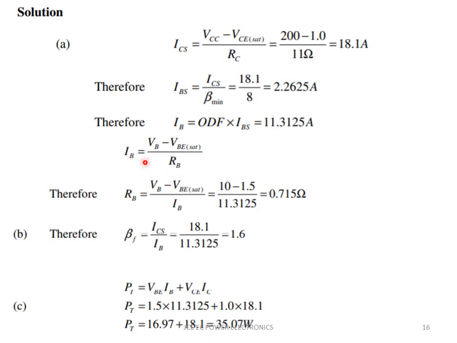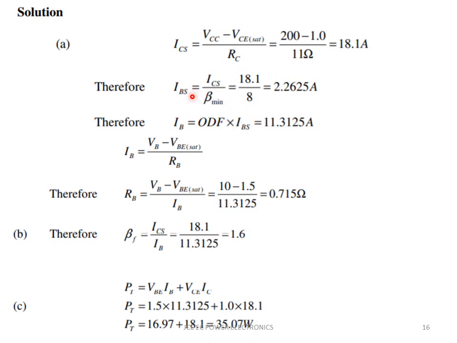IB is equal to ODF into IBS. I know the overdrive factor is given to you, but I do not know IBS. To find IBS, ODF is given as 5.